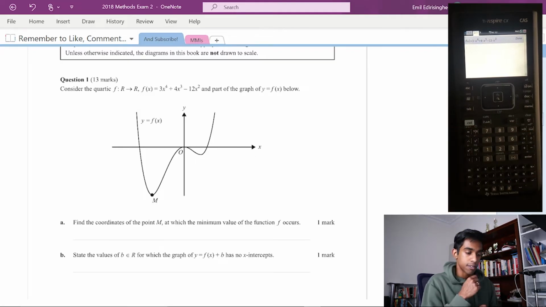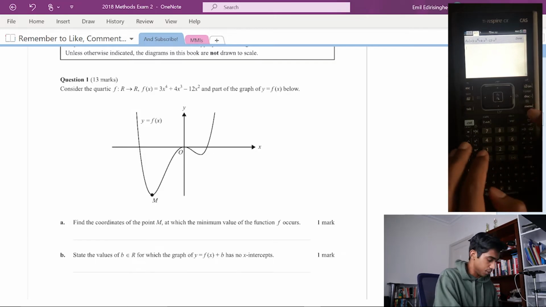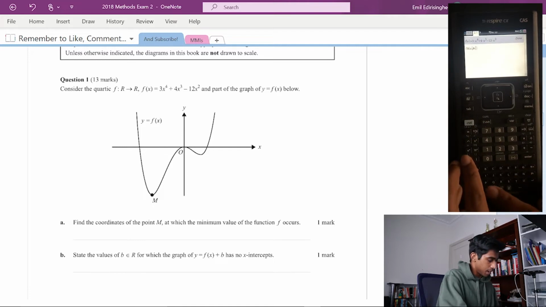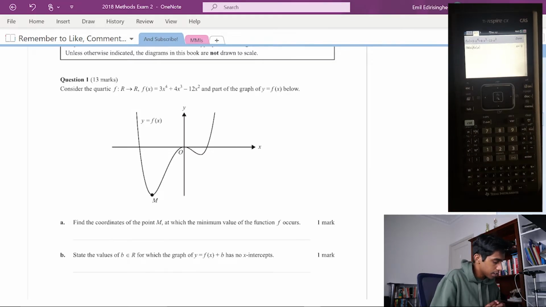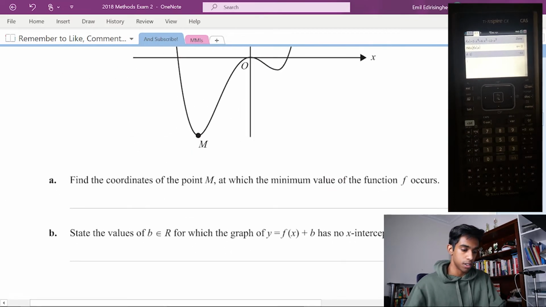So that's our f of x defined. And to get part A, I'll just do menu, function minimum, f of x, comma x, and that will give me x equals -2, and I'll go f of -2. That gives me the answer -2, -32.